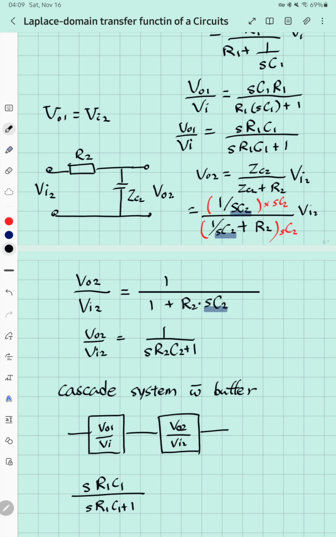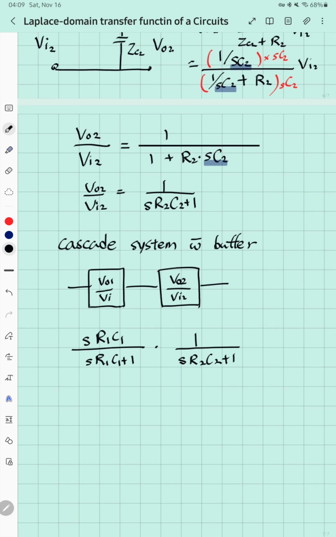And when two transfer functions are in series, you multiply. The second one was 1 over S R2 C2 plus 1.